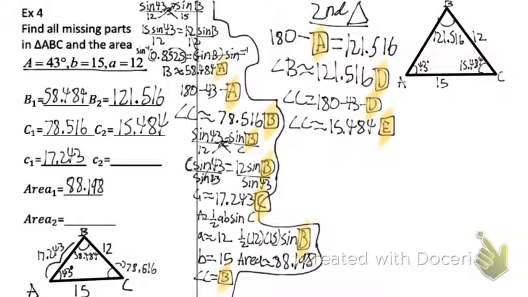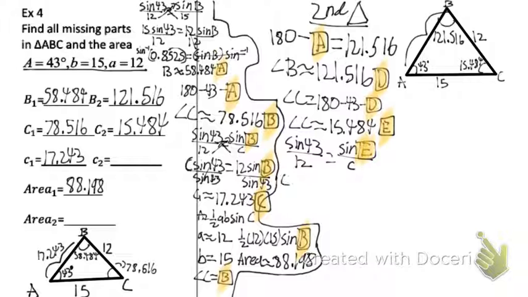Now to find this side over here, we do sine 43 over 12 equals sine E over C, because that's what we're trying to find.